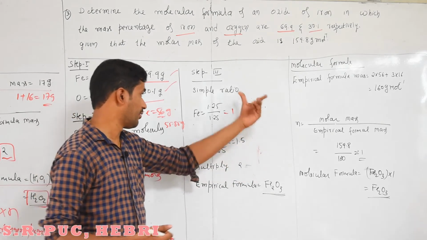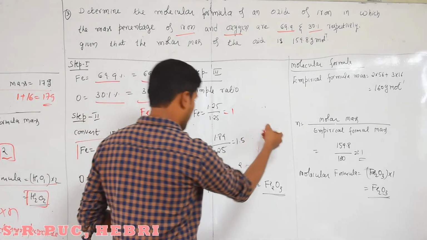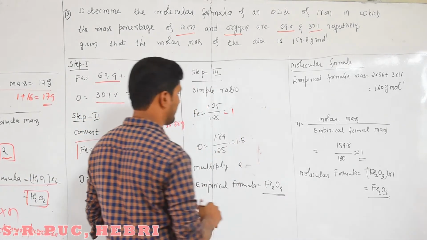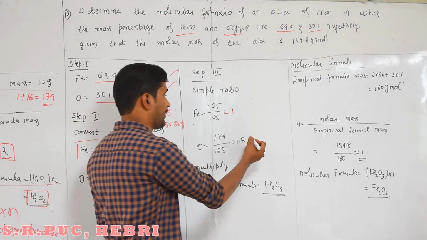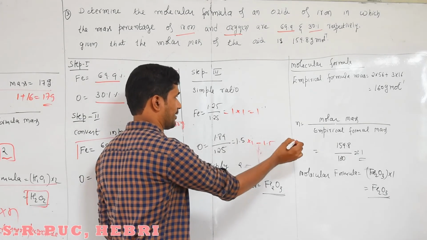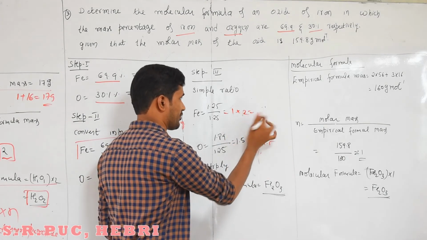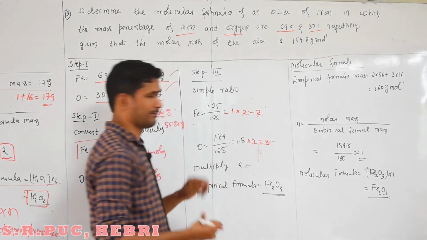In order to convert this into a whole number, you multiply these numbers by another whole number which converts them into whole numbers. Say 1 is given. If you multiply this by 1, no use. This is 1.5. If you multiply this by 2, it will be 2 and this will be 3. Now you got whole numbers.